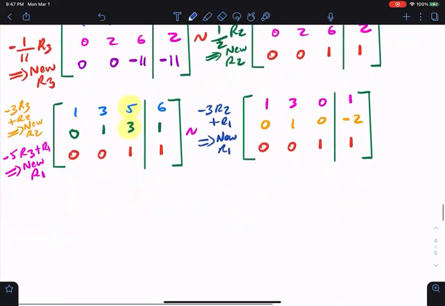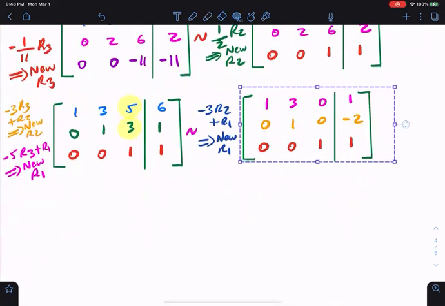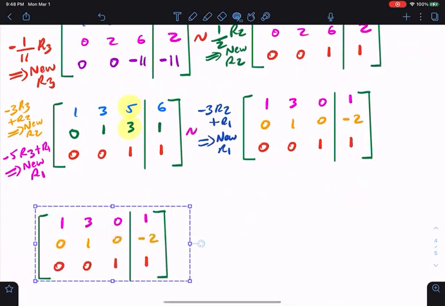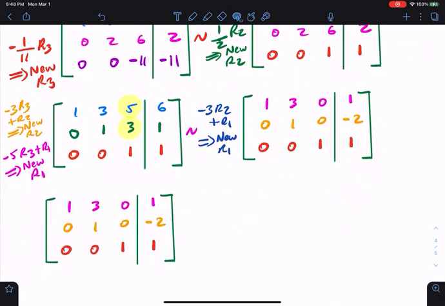So let's do the computation. What's changing now is row 1. I need to multiply negative 3 times row 2. Negative 3 times 0 is 0, plus 1 is 1. Negative 3 times 1 is negative 3, plus 3 is 0. Negative 3 times 0 is 0, plus 0 is 0. Negative 3 times negative 2 is positive 6, plus 1 is 7.